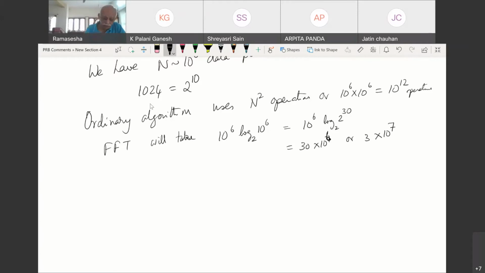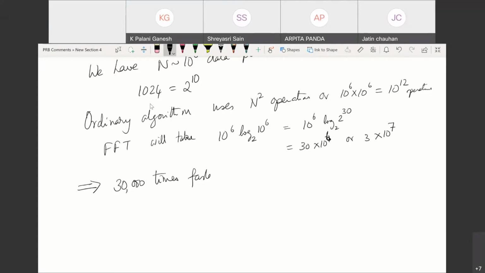Okay, so this is about 30,000 times cost. For example, if you are doing an NMR spectrum and you are doing a fast Fourier transform, then you can average over more scans than if you are doing a slow Fourier transform, which takes much longer, almost 30,000 times longer.